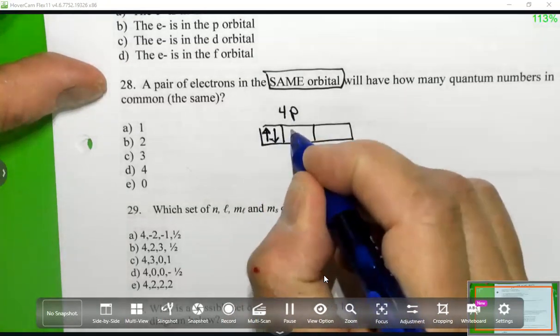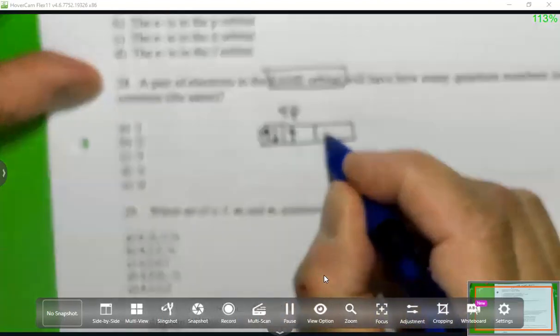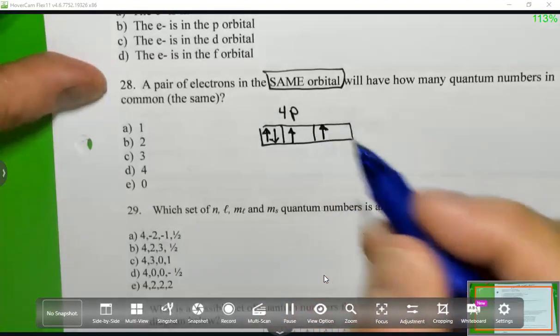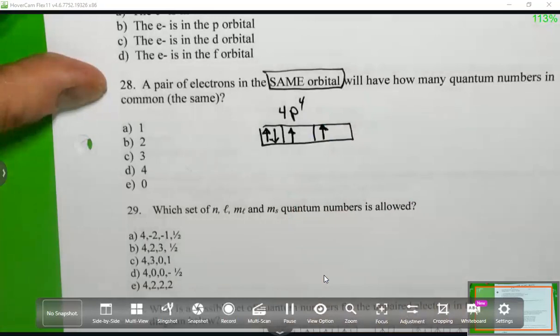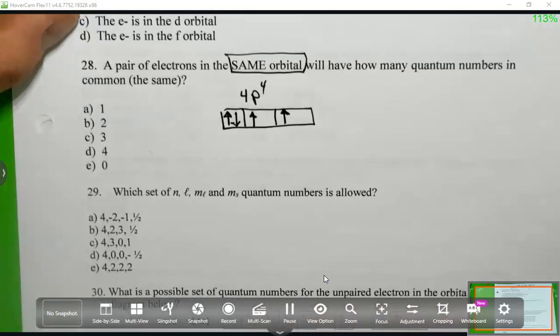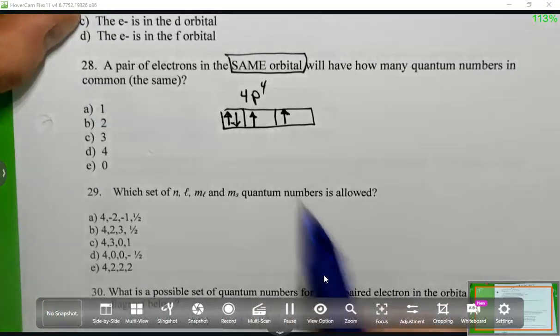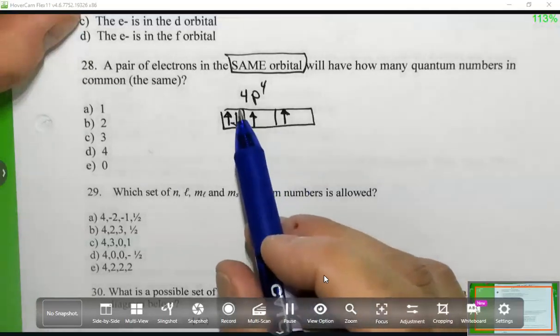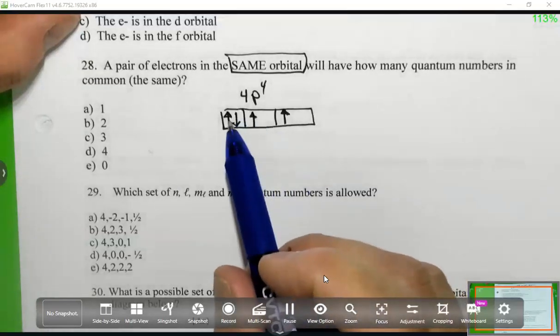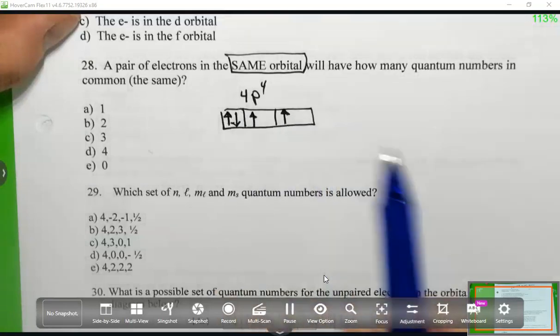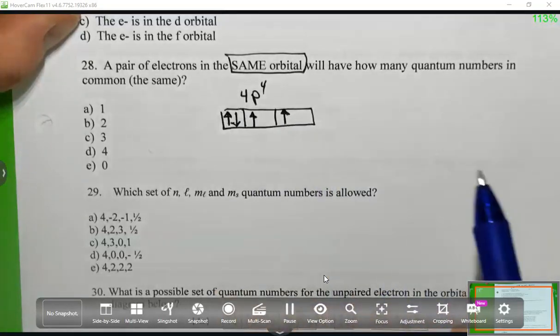And let's actually make the configuration 4p4. So that would be the configuration for 4p4 if we filled it according to Hund's rule, right? 3 up, 1 in each orbital of the same spin before we pair them up.